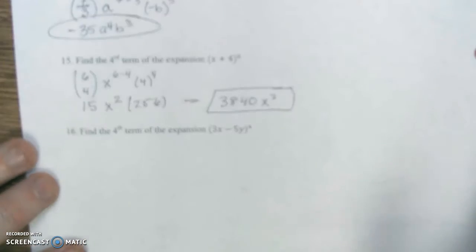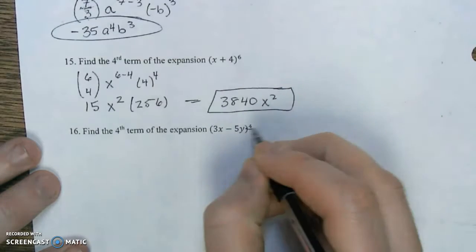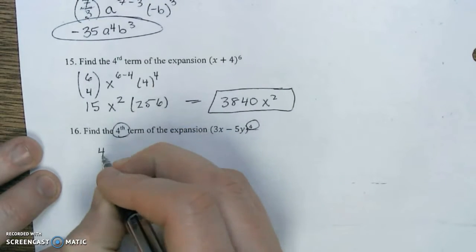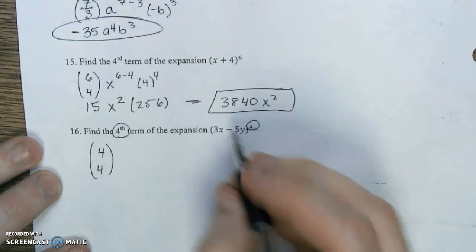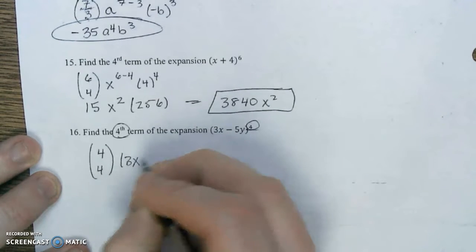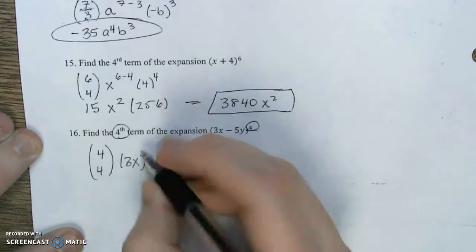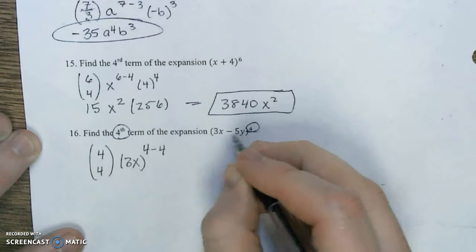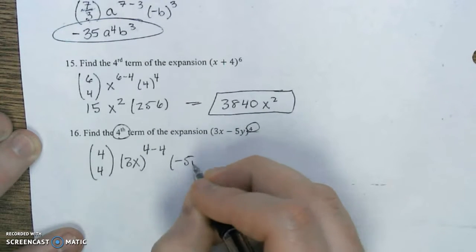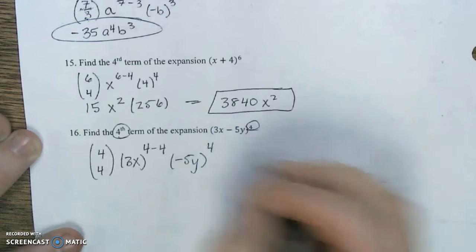Find the fourth term of this one. So I've got 4 combination 4. And my first term is 3x, and we then subtract those. My last term is negative 5y, and we have the bottom one.